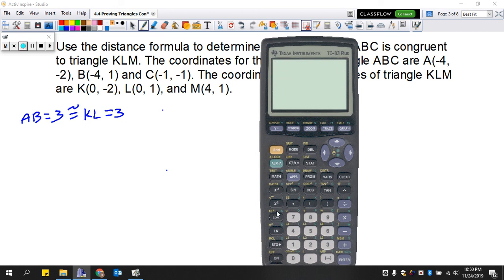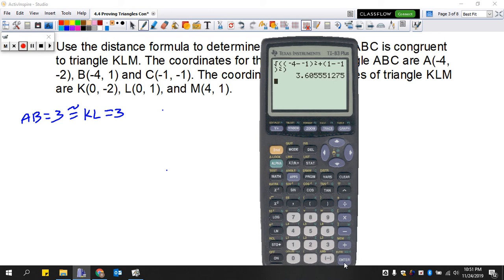Second square root, BC is -4 minus 1, -4 minus -1, close the parentheses, square it, plus parentheses for my y's, and we end up with 1 minus -1, close the parentheses, square it, and close the parentheses for the square root, and end up with 3.6.